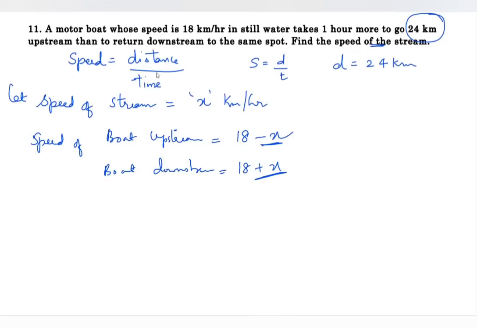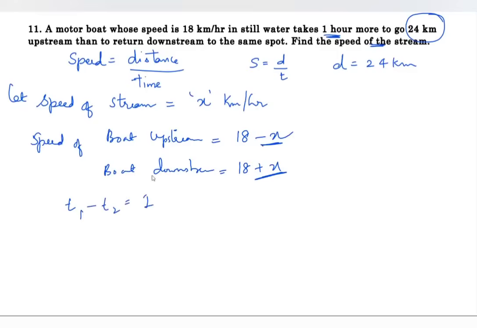Now speed equals distance by time. What we need to do is find the difference of the time. The difference of time is 1 hour, that is t1 minus t2 equals 1.